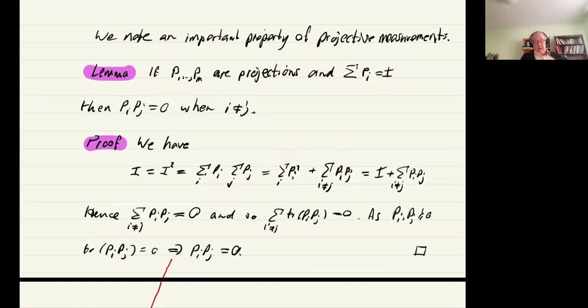Now, Pi squared is equal to Pi because that's a projection, and the sum of the Pi is equal to I by hypothesis. So this is I plus this mess. So this equation implies that the sum of mixed terms is 0. And so therefore the trace of those terms is 0. And as Pi and Pj are positive semi-definite, if their trace is 0, their product is 0. Now I'm going to prove that too in a second.